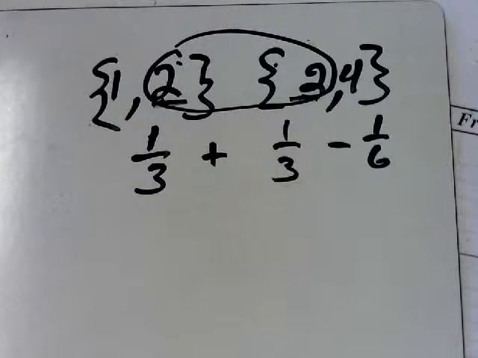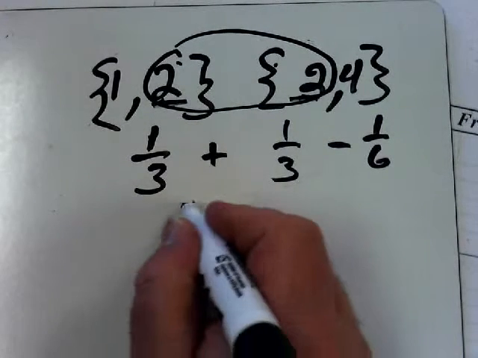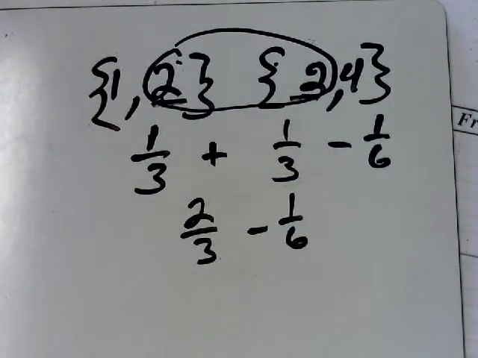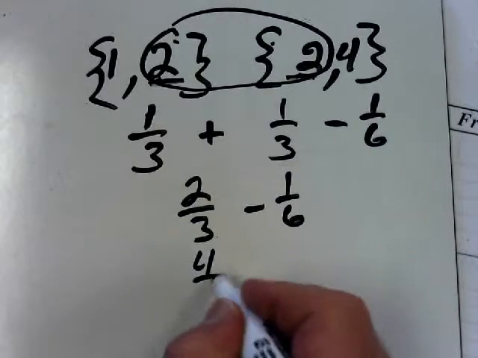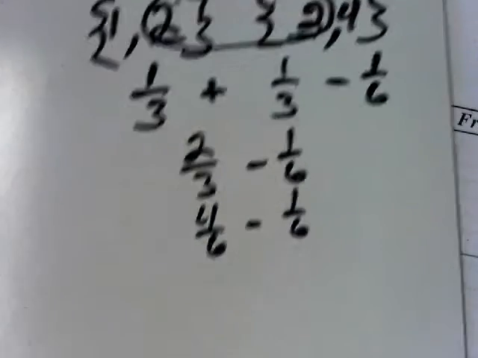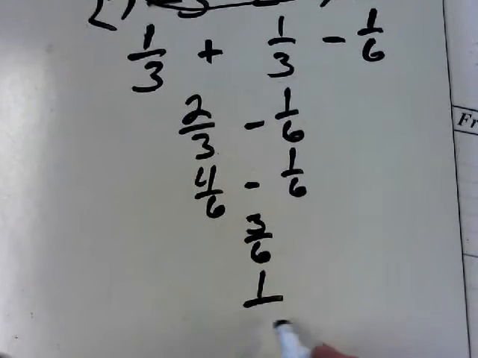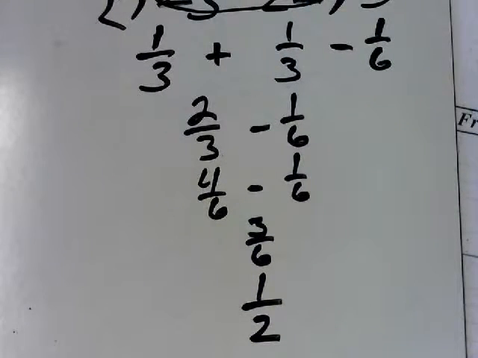Well, when you toss a dice, don't you have 1/6? Gotcha. Does that make sense? Yeah. So it'd be 2/3 minus 1/6, which would be 4/6 minus 1/6. So it'd end up being a probability of 1/2.